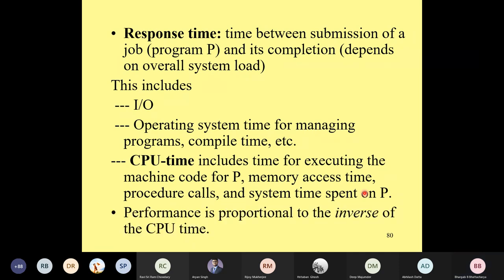All right. So we say that performance is proportional to the inverse of CPU time. That means if the CPU time is less, you finish your program quickly, and we want that. As a user, you want to have your performance higher. It means that you need your CPU time to be as small as possible.